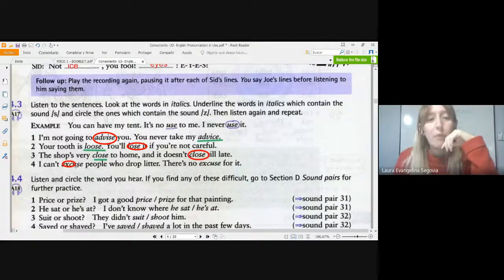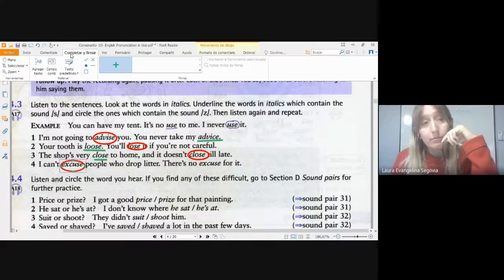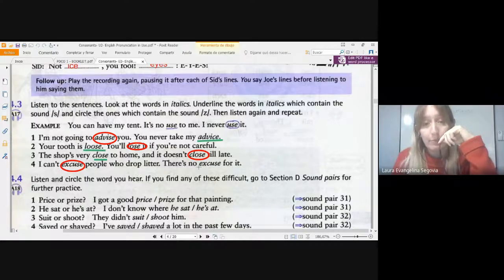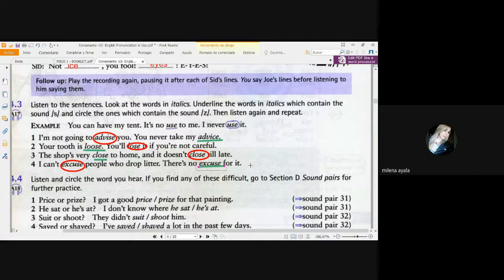Okay, it's the other way around. This one is with z. Yes. Excuse. I can't excuse people who drop litter. Okay, there's no excuse for it. Okay, can you read it again? I can excuse people who drop litter. There's no excuse for it.